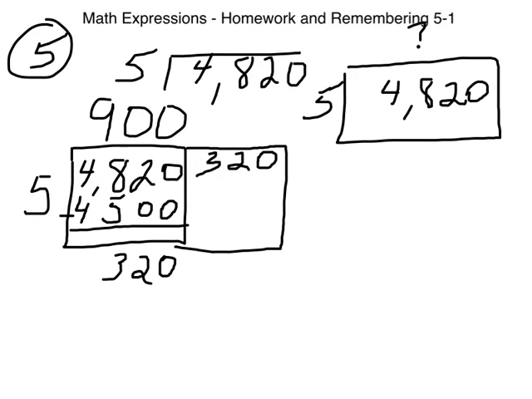Well, we know 5 times 6 makes 30, but that's not close enough, so we need to add another 0 to that 6. And then we add another 0 down here, because 5 times 60 is 300. Then we subtract, and we get a 20 remainder.